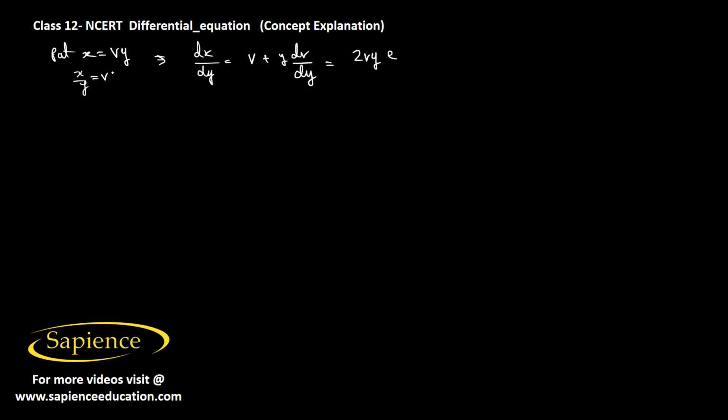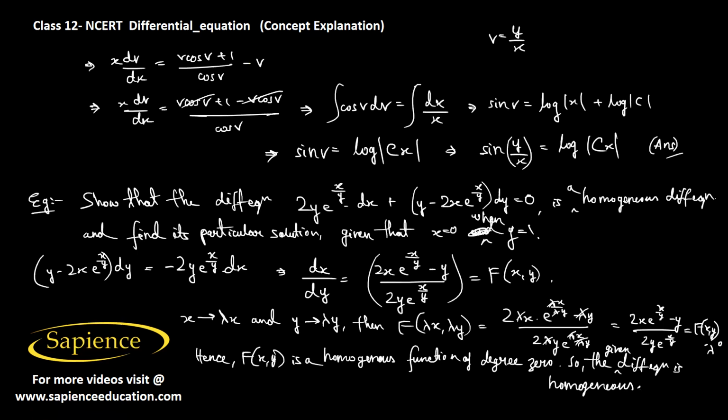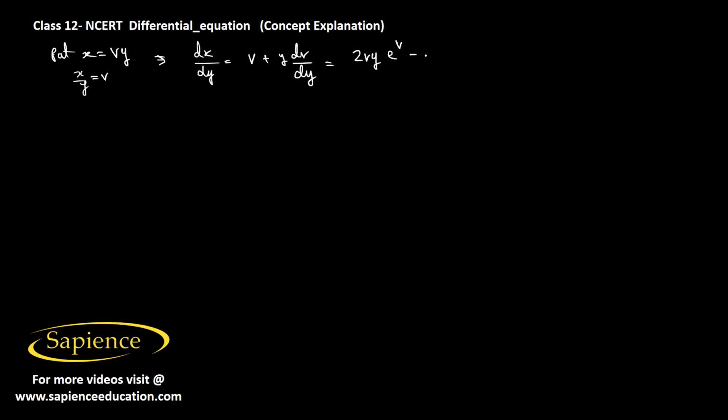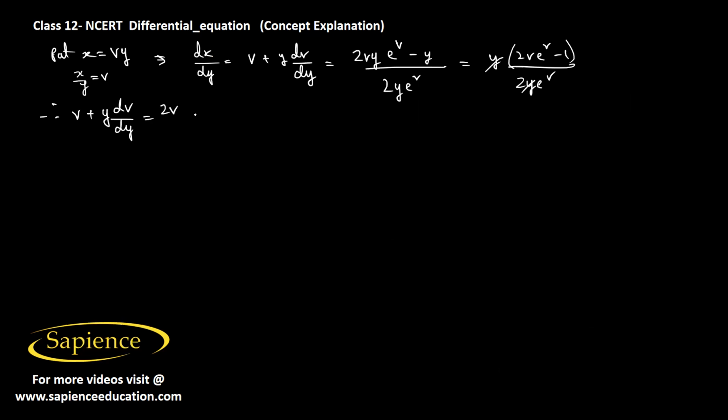So this is 2vy e power v minus y, divided by 2y e power v. Now here we can take y as common, and this will become 2v e power v minus 1 by 2 e power v. So y and y will cancel out. Therefore we get v plus y dv by dy equal to 2v e power v minus 1 by 2 e power v.